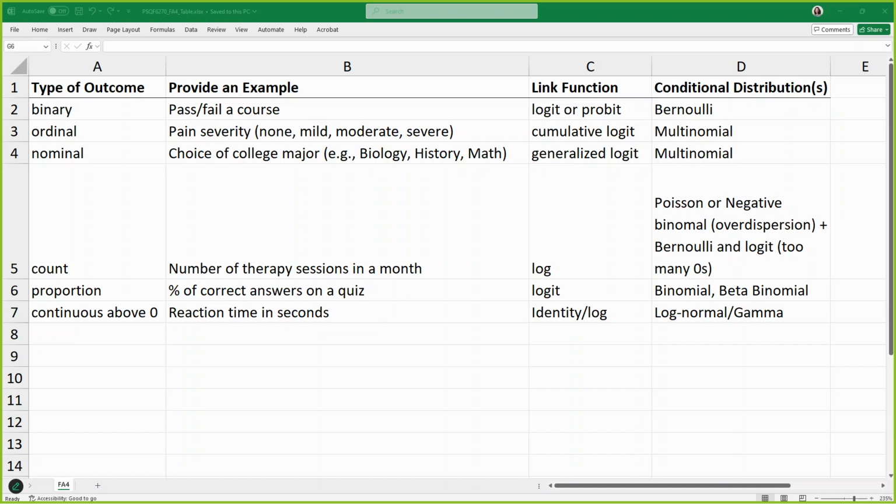But again, most of the examples were good, so thank you for that. Now, in this case, for example, we know that if in research we have something binary, such as pass or fail a course, coded 0 or 1, we could use a logit or probit link function with a Bernoulli distribution to fit a binary logistic regression, right?